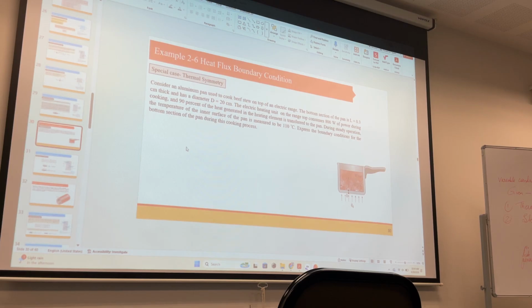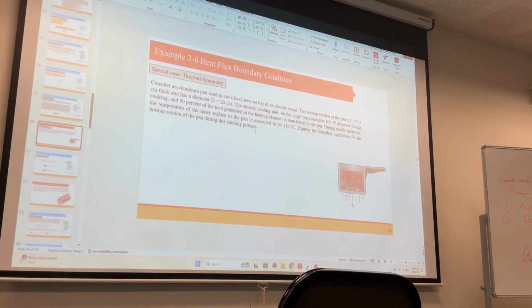There is one initial condition, which is initial temperature, right? There is one temperature given, 110 degrees Celsius, right? I told you when you are reading a question and the temperature is given, it's already initial temperature, right? So 110 degrees Celsius is the initial temperature, and they are saying the heat is coming from here, right?